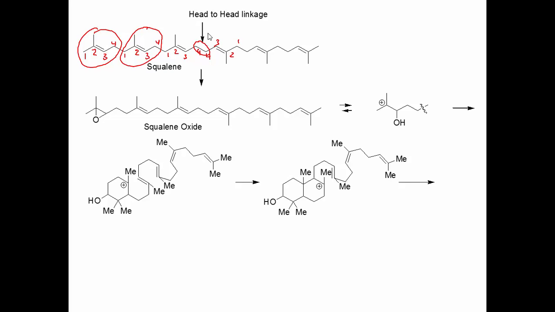Under biological conditions, squalene turns into the epoxide, becoming squalene oxide. This gets protonated and produces a carbocation. The alkene adds to the carbocation.